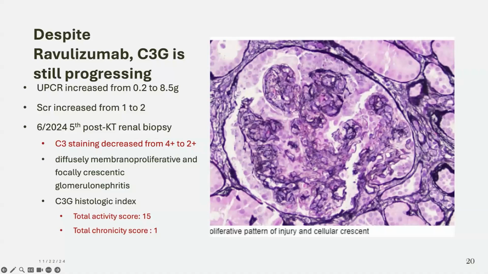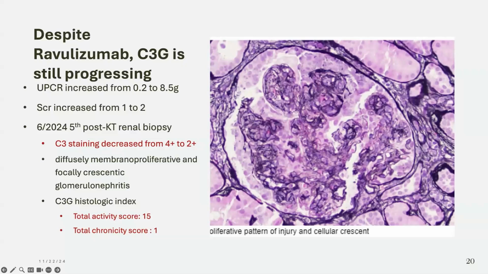I calculated the C3G histologic index myself based on our pathology report. Because not everything has a percentage number, I took diffuse, frequent as score 3. Then it ended up with a total activity score of 15 and a chronicity score of 1.